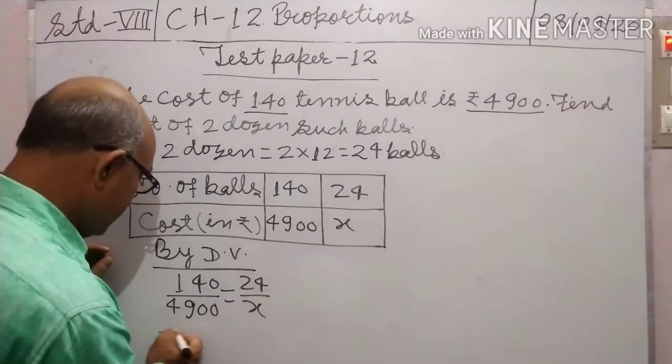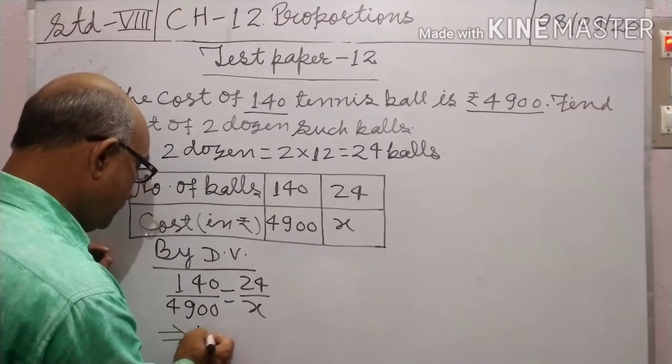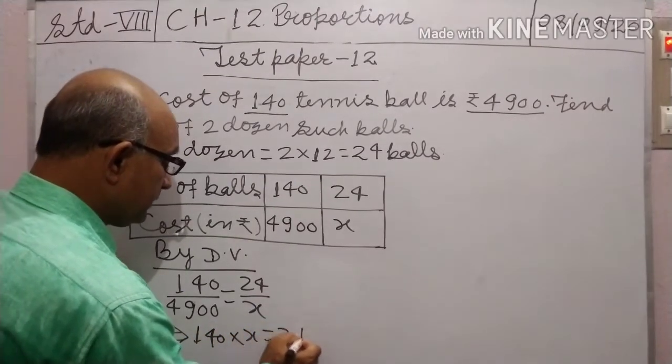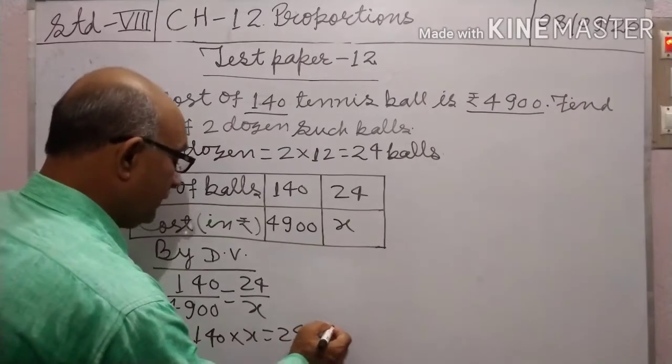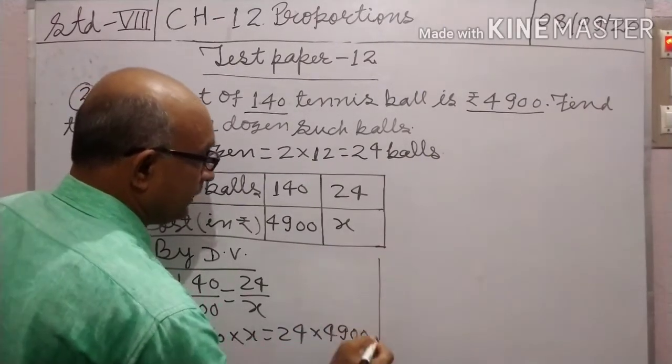24 by X. By cross multiplication, 140 into X equal to 24 into 4,900.